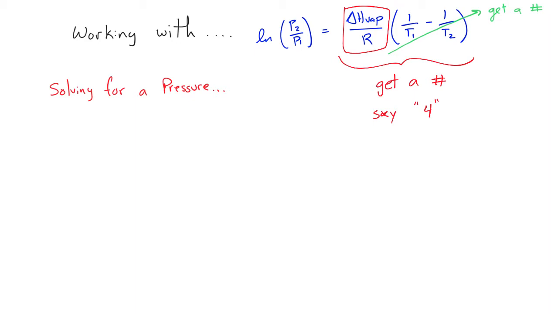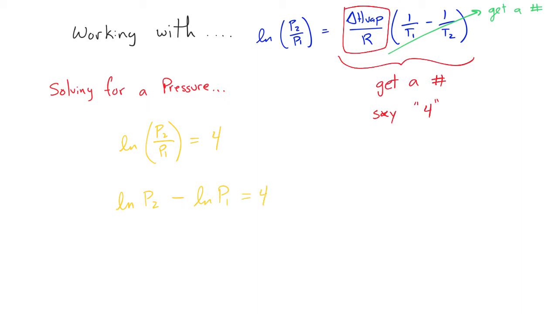From there, we need to look at the natural log portion of the equation. So we're going to take natural log of P2 over P1 equals 4. And we're going to be able to separate these two by utilizing a property of logarithms. And that property is going to allow us to do this. Natural log of P2 minus natural log of P1 equals 4.